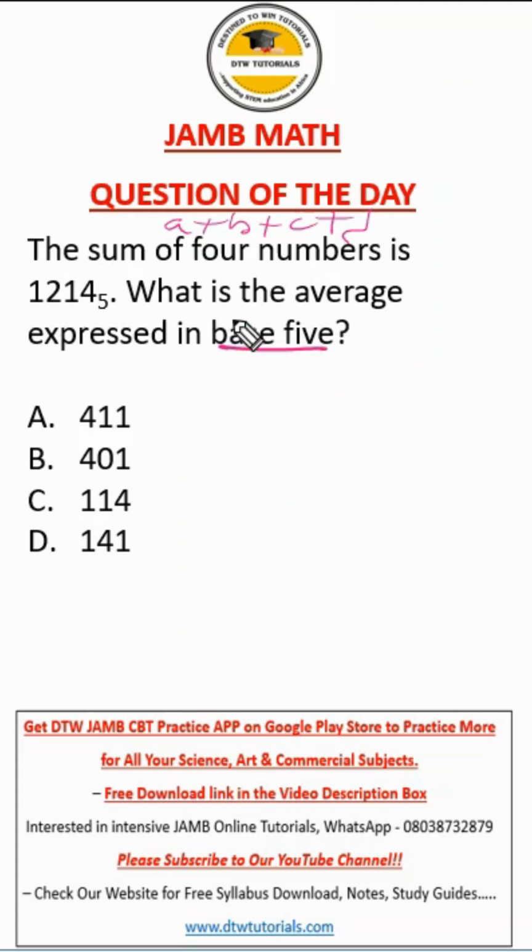So the first thing is we have to first find, it says the sum of four numbers. Let's convert this to base 10 first, okay? Then get the average. Then when we get the average, we express it in base 5. So to convert this to base 10, remember our powers.